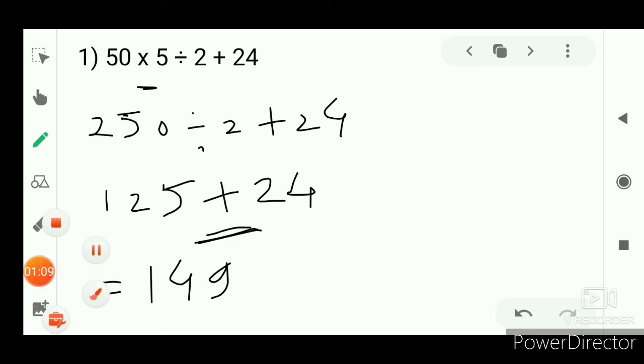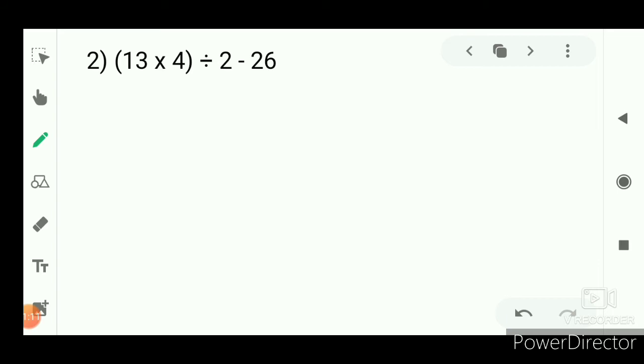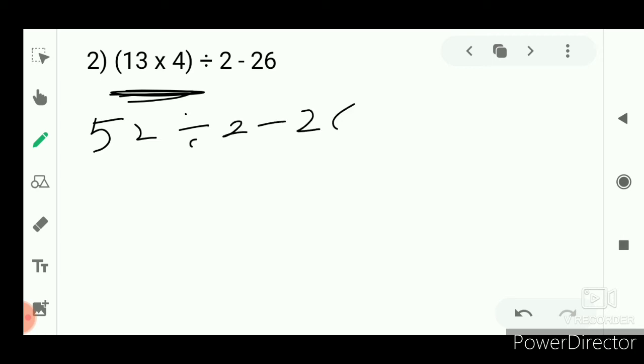Okay. Now the second question of practice set 25 is 13 into 4 in brackets, divided by 2 minus 26. We have seen the rule that if a bracket is present, then we have to solve the bracket first. So 13 into 4 is 52, divided by 2 minus 26.